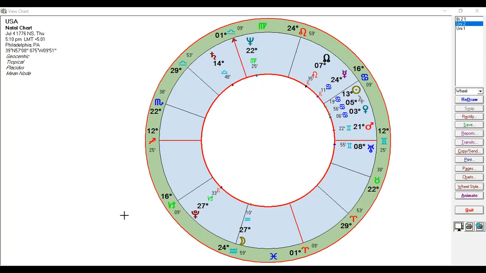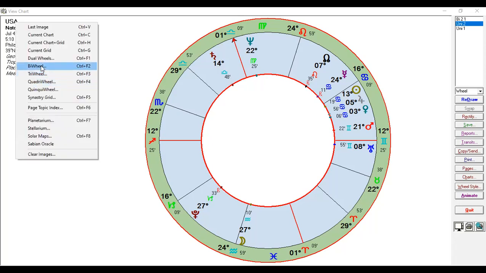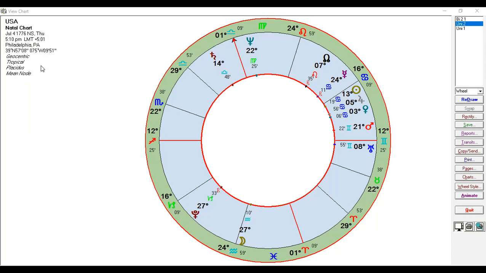Now, that just gives us a little flavor of the United States. We can go more into it, but I just wanted to get acquainted. Now let me see if I have this on here already. The bi-wheel. No, won't do it. All right, so let me make a bi-wheel and then I'll switch screens in just a second, so we can look at the whole thing.